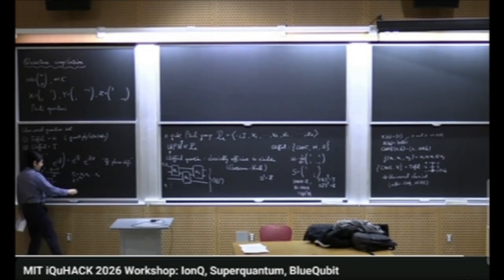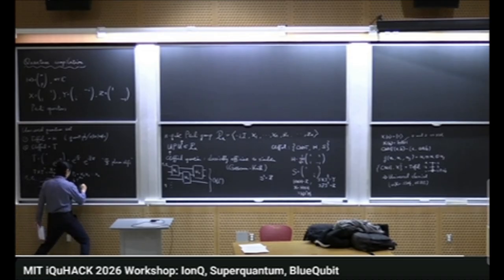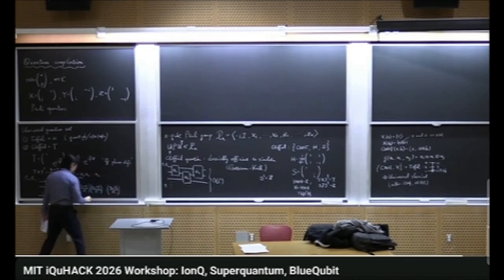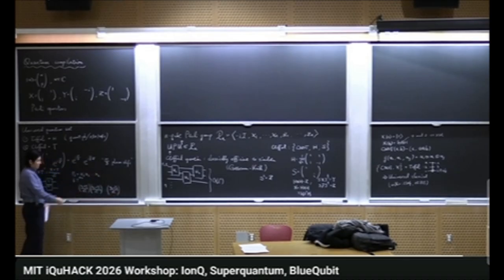If we conjugate by this, then we're going to have essentially exponentially many of these terms. We're going to have 2 to the n terms just from one layer of the circuit.